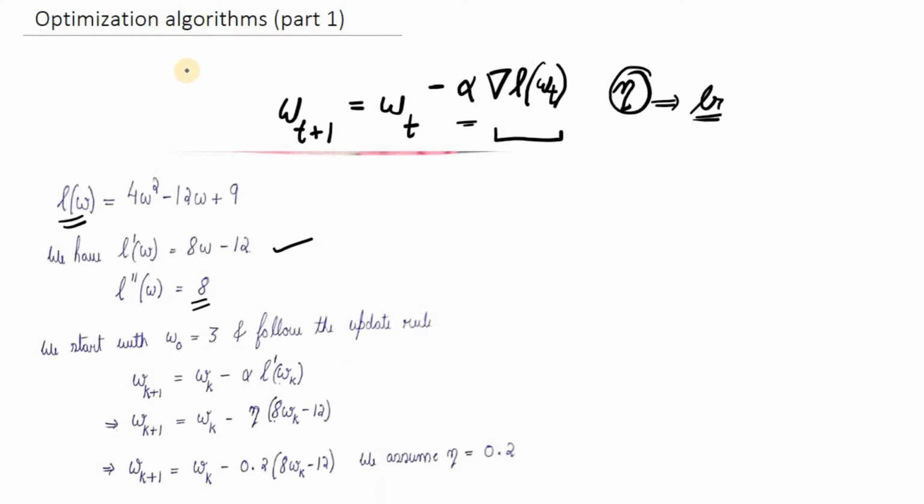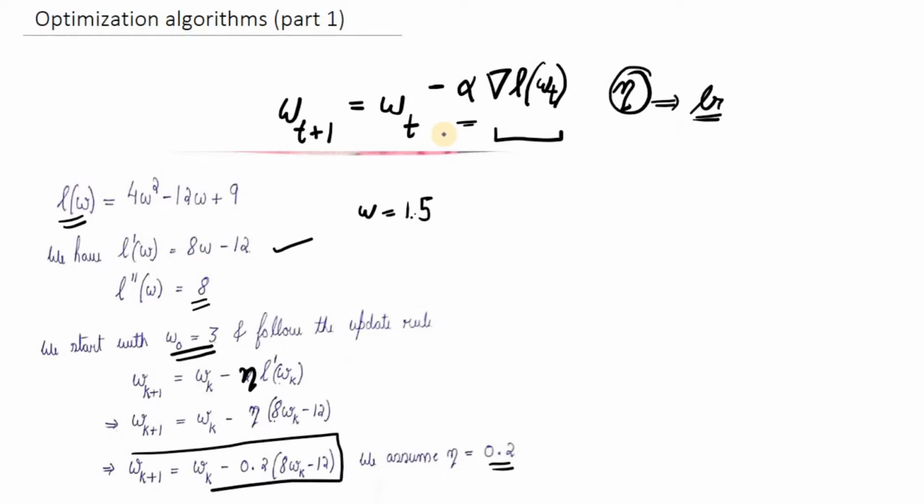Now, intuitively, the solution to this problem could easily be found by taking the derivative and equating it to 0, which gives W equal to 1.5. But we will start with an initial value W naught, a value of eta which is 0.2, and follow the gradient updation rule of the gradient descent algorithm.